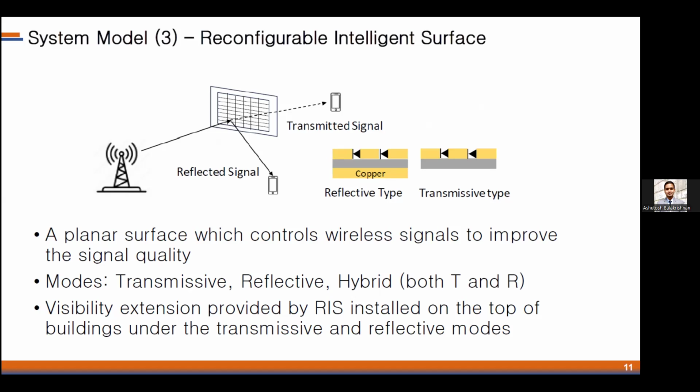Transmissive mode is where the signal passes through the RIS, this metasurface, and reflective mode is just reflection. Hybrid mode uses both transmissive and reflective modes concurrently. We focused on visibility extension by using the RIS, especially if RISs are installed on the top of each building. I will show you later.